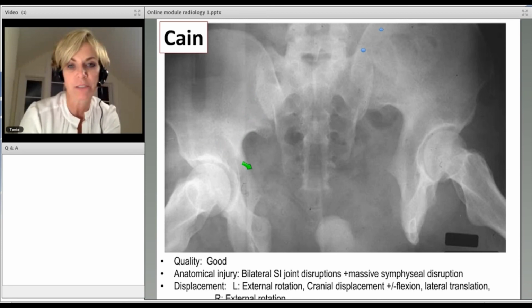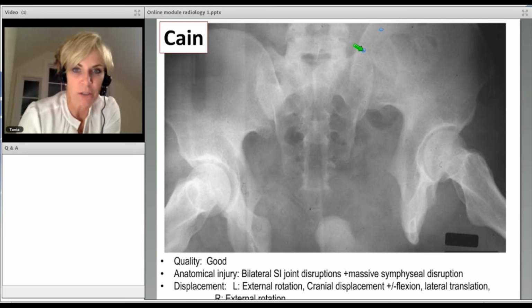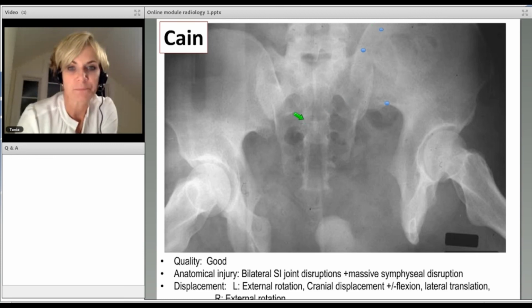This hemipelvis is also externally rotated. But just take a look here. This is the posterior aspect of the sacral ala, and this is the posterior aspect of where that ala should meet on the ilium. And look here, this point of the notch is the same as this point of the notch.